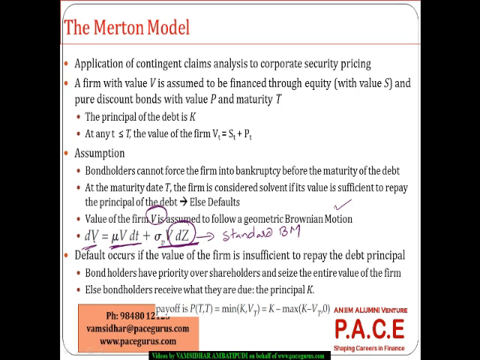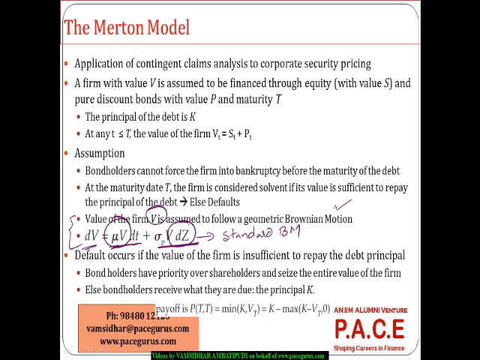We are assuming that the change is because of the drift, which is changing at the rate of mu, the drift coefficient, and the standard deviation is sigma times V, dz being a standard normal variable. So this is how we are assuming that the value of the firm is going to change.